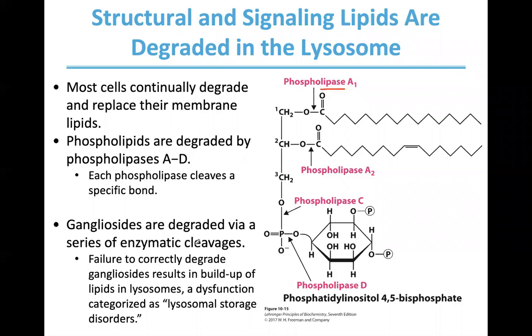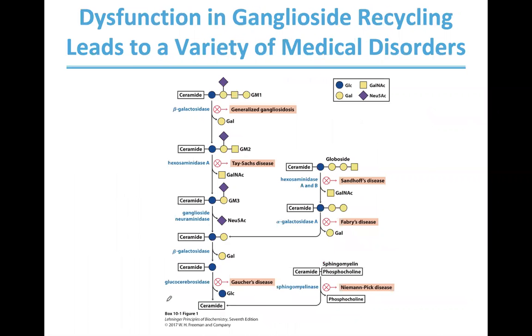Gangliosides, for example, are degraded via a series of enzymatic cleavages as well. And so failure to degrade gangliosides results in the buildup of lipids in lysosomes. In fact, there are a bunch of diseases associated with incorrect processing of gangliosides.